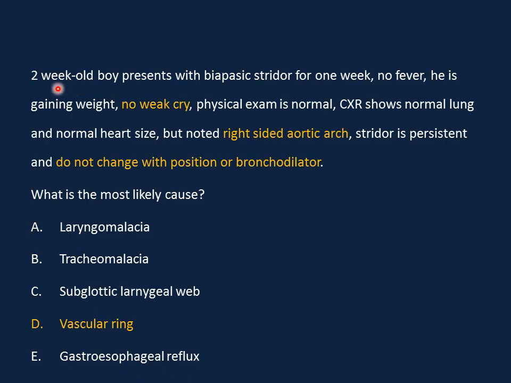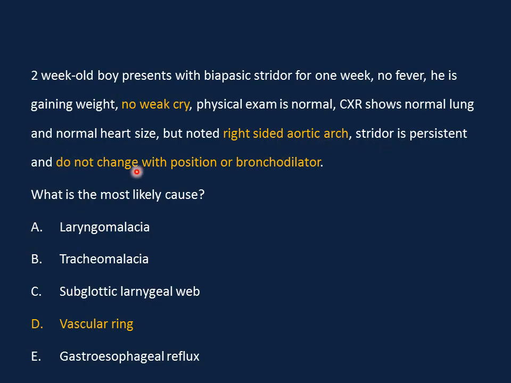The keyword here is early presentation after birth with biphasic stridor. There is no weak cry, so the vocal cord is okay, and the x-ray also shows a normal sized heart. The right-sided aortic arch: know that vascular ring is commonly associated with a right-sided aortic arch or double aortic arch, which can cause a complete circle around the trachea and the esophagus.